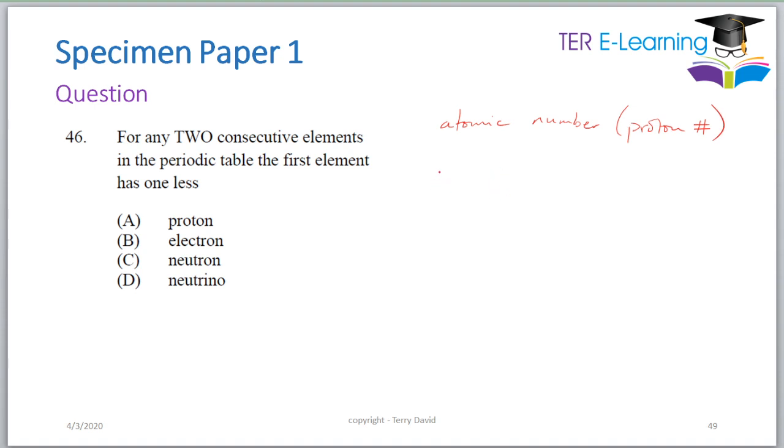So if we have an element here, and let's say the atomic number is 6, and we have an element that is right next to it, the atomic number or the proton number is going to be 7. So they want to know for any two consecutive elements in the periodic table, the first element has one less, has to be proton, right? So it has one less proton.